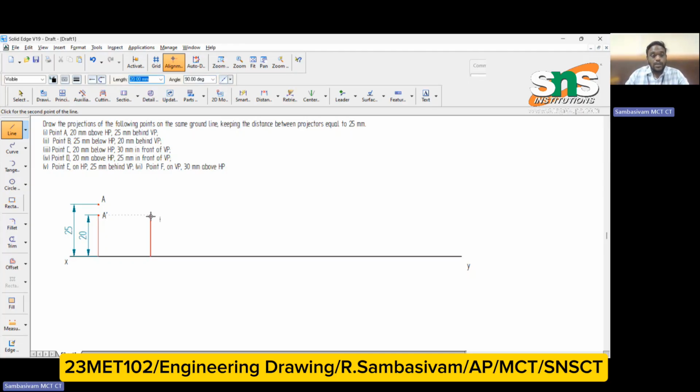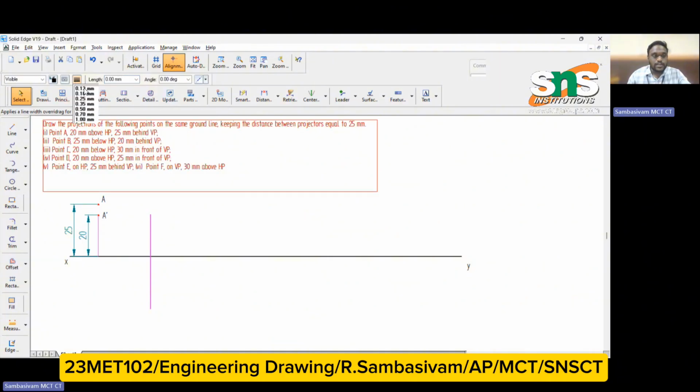As I said, 25 mm below HP will be represented in the vertical plane, and 20 mm behind VP will be represented in the horizontal plane. As per rotation, the 20 mm will be represented in the upward direction. So I have drawn 20 mm. Similarly, the line has to be drawn from here, this is 25 mm. These two lines are imaginary lines.